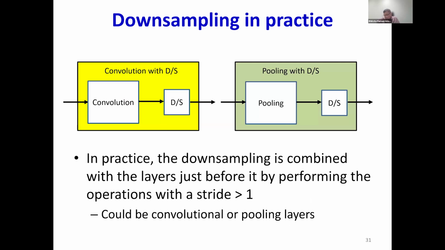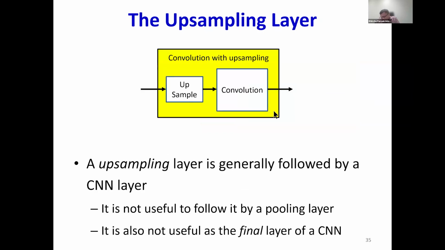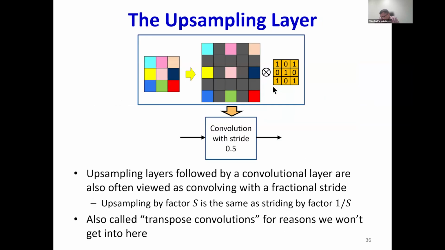We also saw that in practice, downsampling usually follows a convolution or a pooling operation. In this case, you can just think of these operations as convolution with a stride or pooling with a stride, where the stride is greater than 1. Upsampling is generally followed by a convolution, otherwise it makes no sense. So it's not useful to follow it by a pooling layer, it must be followed by convolution.